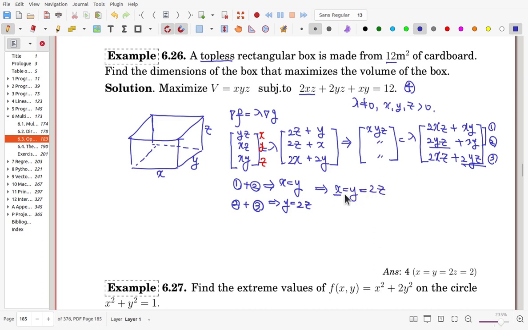How can we complete the computation? Now we have to use the fourth equation. We have never used it so far.